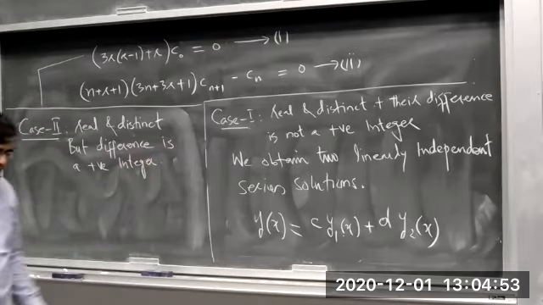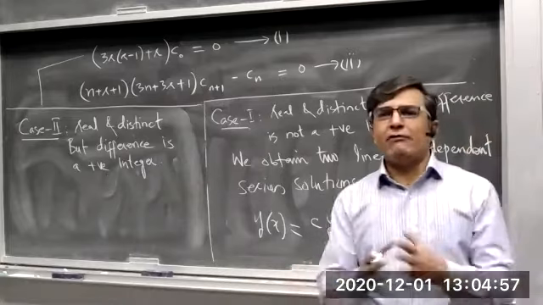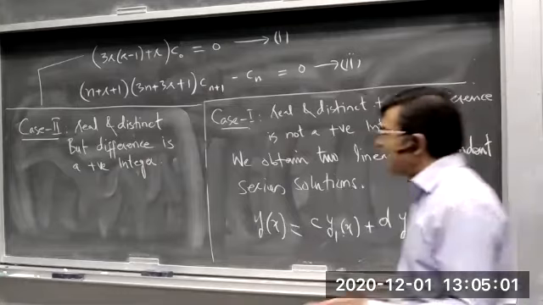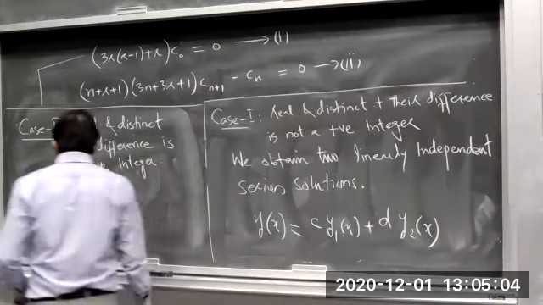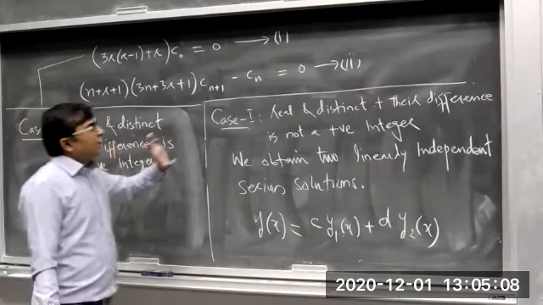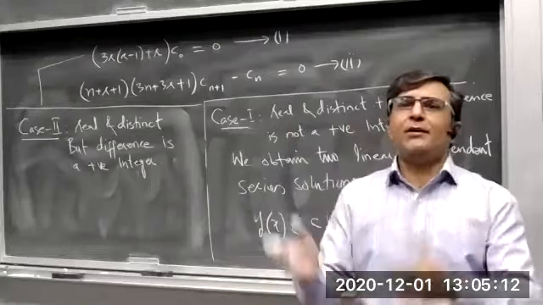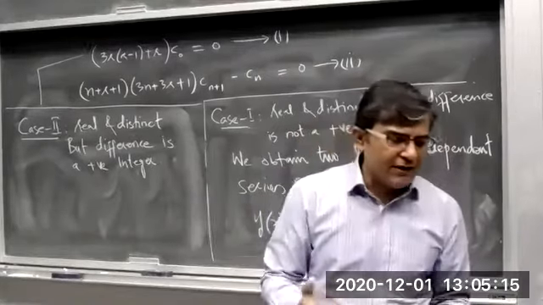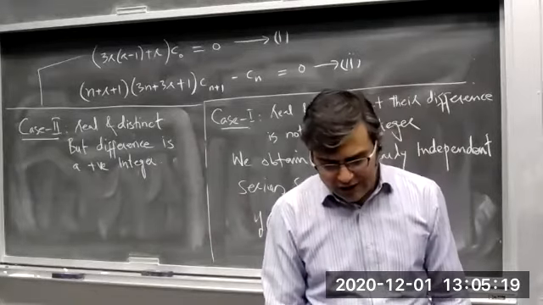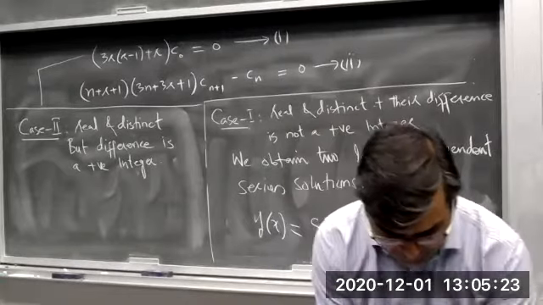In this case, we cannot obtain two linearly independent power series or two linearly independent solutions. In this case, the second series is basically a constant multiple of, or depends on, the first series solution as well.